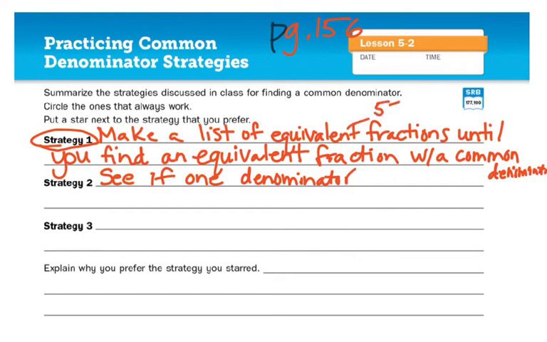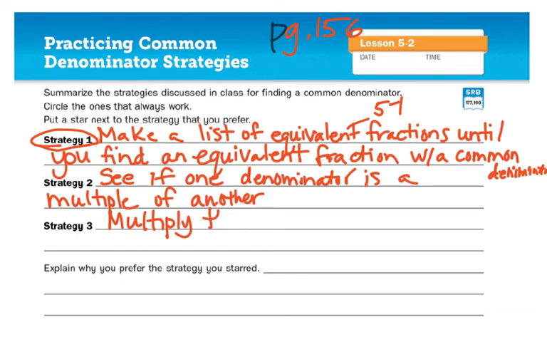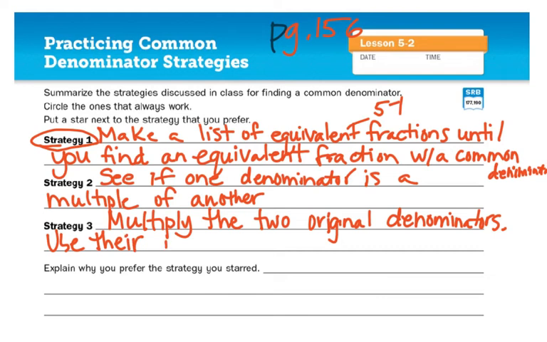Strategy number 2: see if one denominator is a multiple of another. We did this one in lesson 5.1, just to let you know. Strategy number 3 is to multiply the 2 original denominators and use their product as a common denominator, which is what we did with the 10 and the 5.